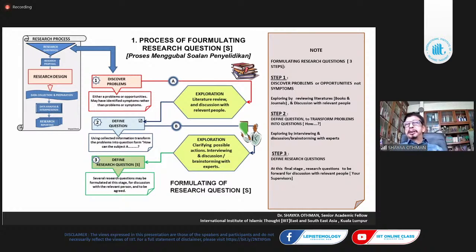The result is that it is profitable, it achieves Maqasid Sharia, and it makes money. So I benefit myself. Because this research belongs to me, I can patent it and make a business out of it. This is an example.